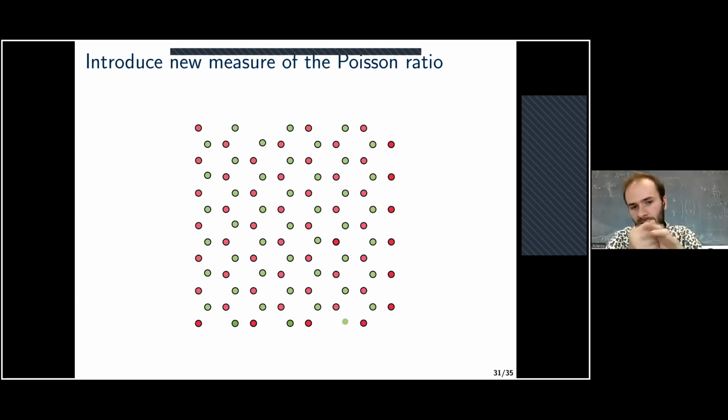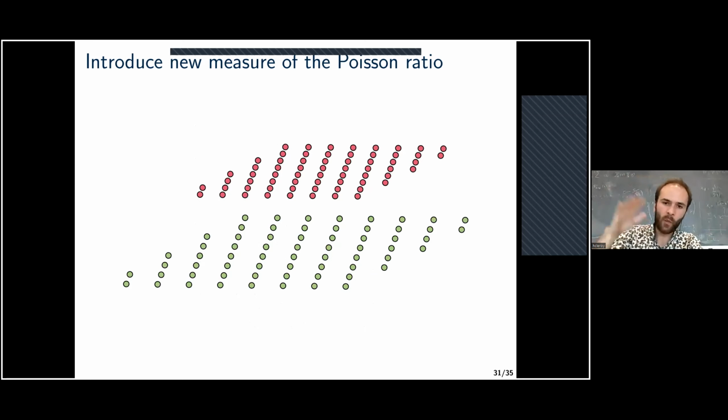But still, effectively I can distinguish these two sublattices of degrees of freedom, and I can even isolate them from one another. Then I can probe the mechanical properties of each of those lattices, which is obviously completely linked to the mechanical properties of the particles. And what I'm going to do is measure the Poisson ratio of each of these sublattices.